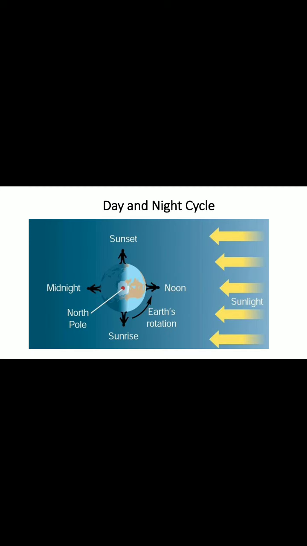The earth is tilted. The sun rays are coming from the right-hand side, so the half of the earth in front of the sun is having day, and the half away from the sun is having night. So this is the day and night cycle. You will know it better.